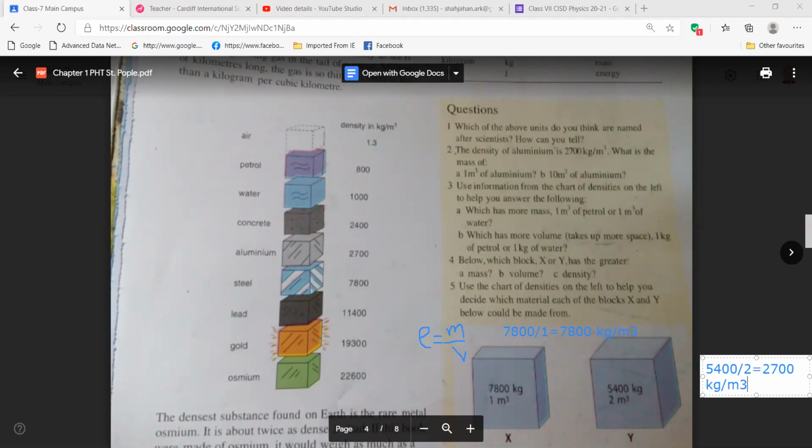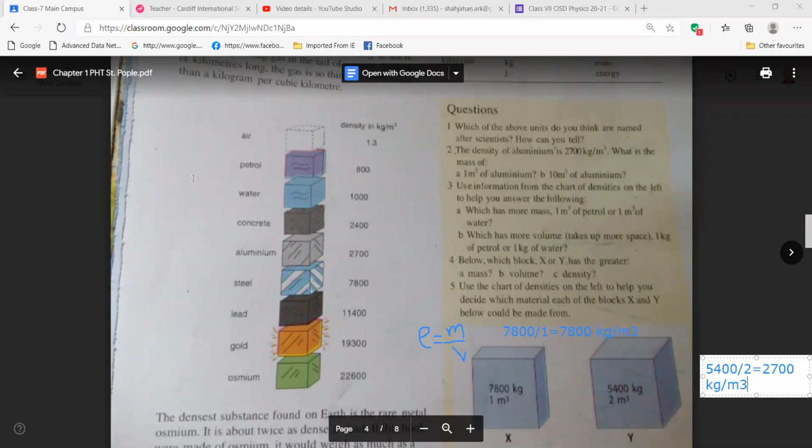Adit, you continue question 5. Use the chart of densities on the left to help you decide which of the blocks X and Y below could be made from. Here, left side, you see?